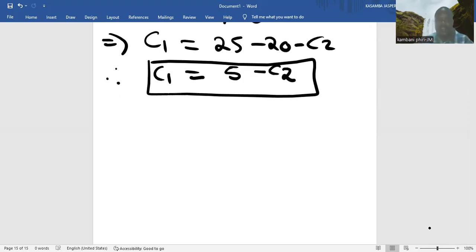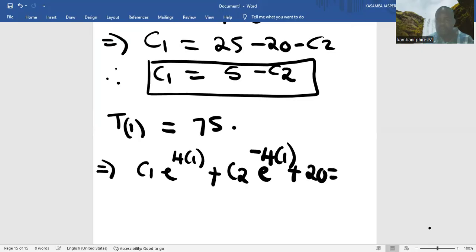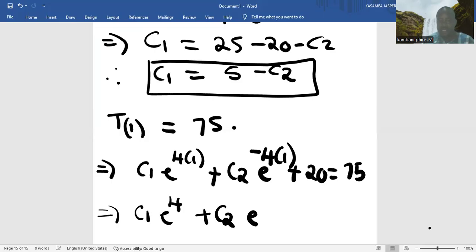Then we can also apply T1 is equal to 75. We are going to have C1 E4 times 1 plus C2 E negative 4 times 1 plus 20, and this should be equal to 75. So C1 E4 plus C2 E negative 4 is equal to 55 when you subtract.